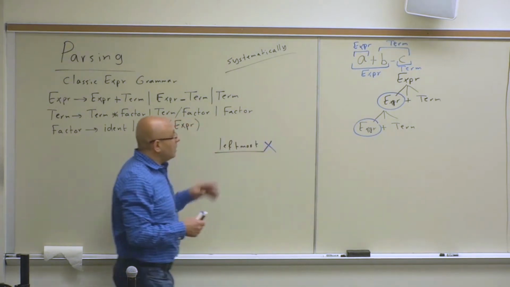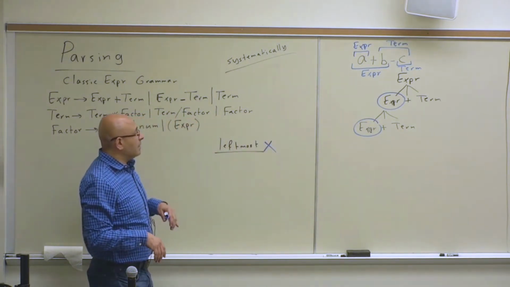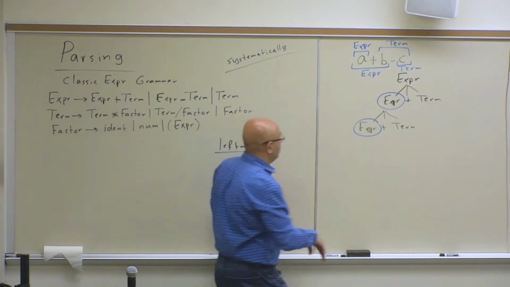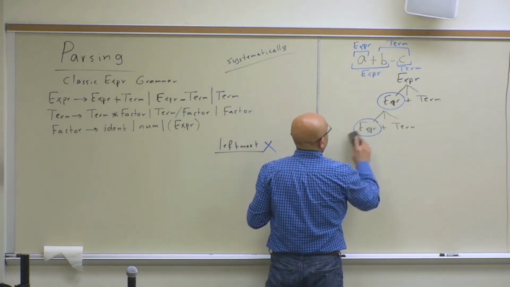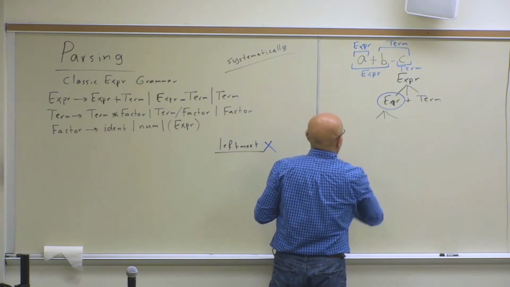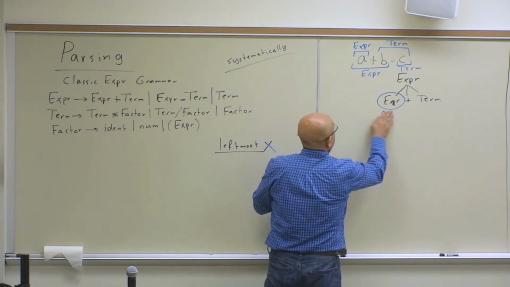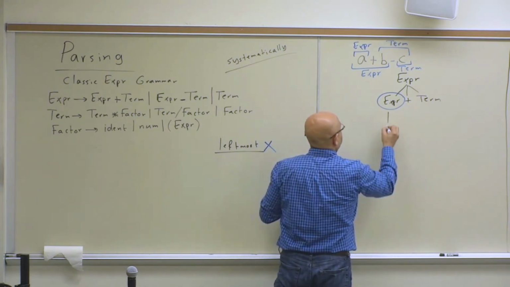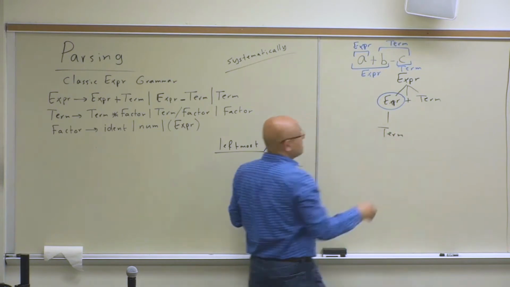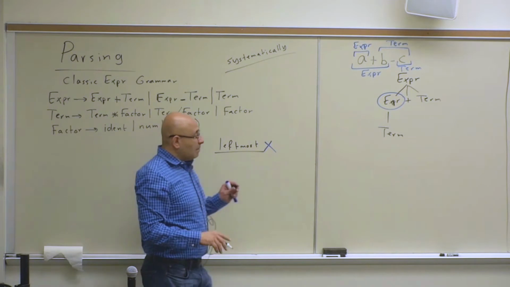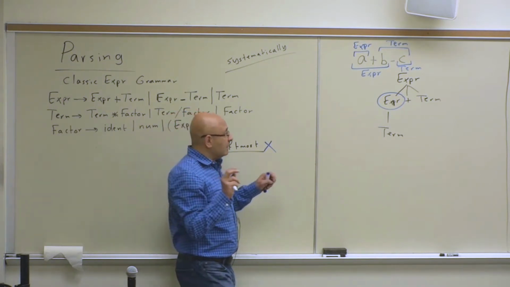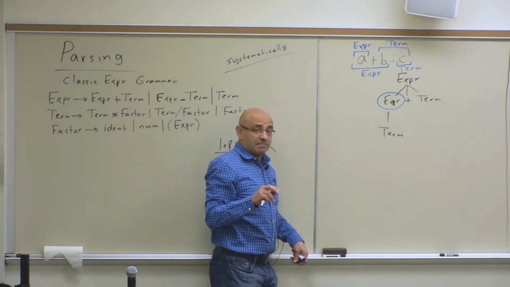But let's now say we figured out a solution to get out of this infinite loop, and we try other options, like here for expression, we try term. Of course, this is not going to lead to anything. But thinking how this can be done systematically, you will have to try all options at each level.